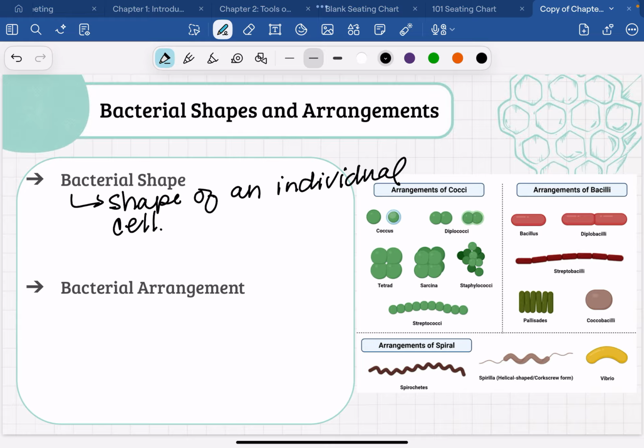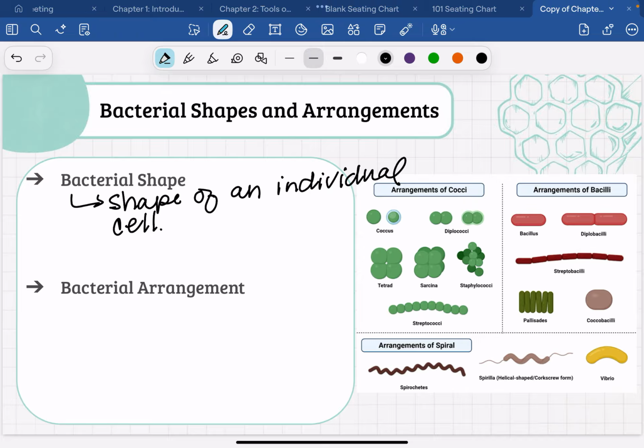So the major shapes of bacteria, and the cool thing about bacteria is they really only come in a set number of shapes. There's probably like 5 different shapes that bacteria come in. And so we can classify an organism based on its shape pretty easily.